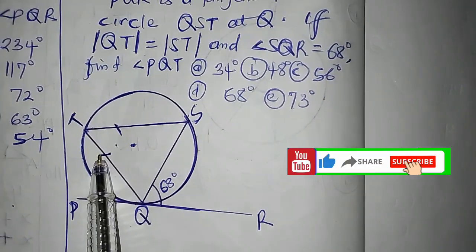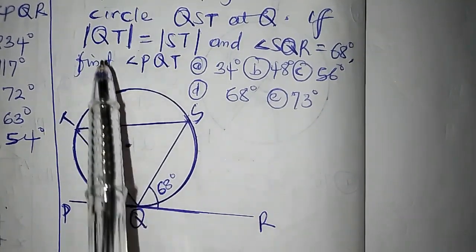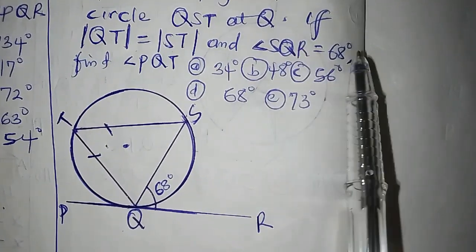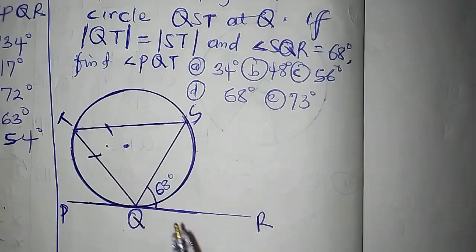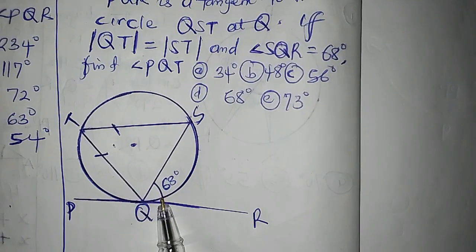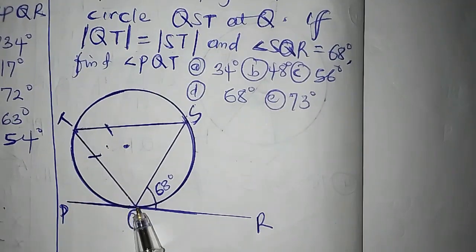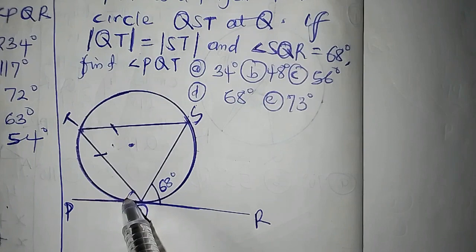That's why you can see a marking to show that the two lines are equal based on what the question says. And angle SQR is 68 degrees. Okay, SQR, 68 degrees. We have to find angle PQT. PQT. Oh, that's the angle at this point.